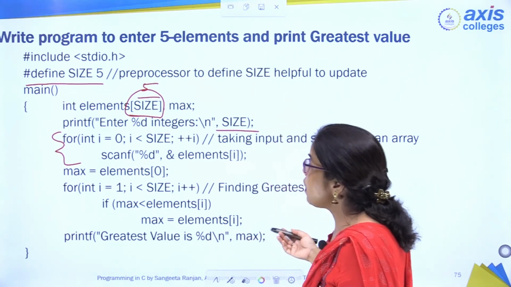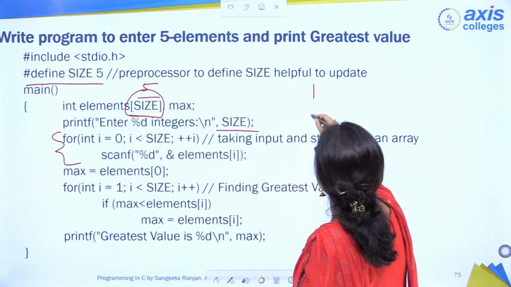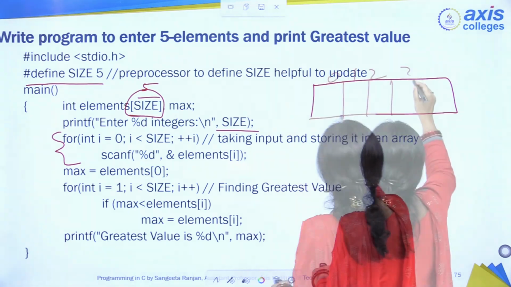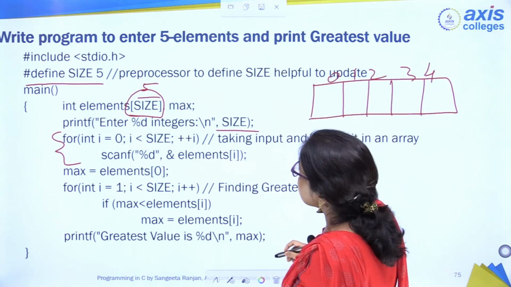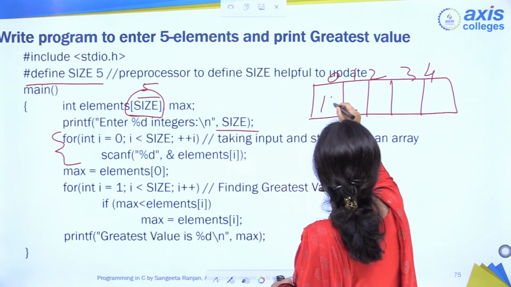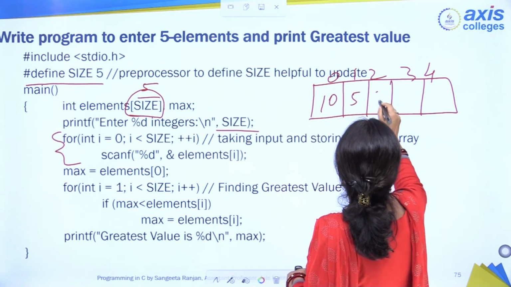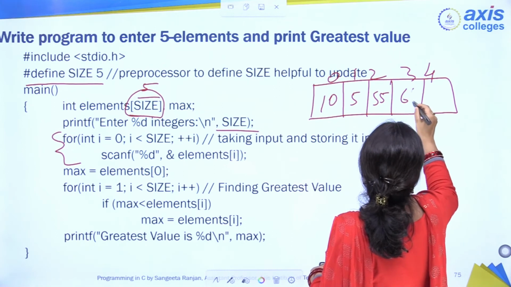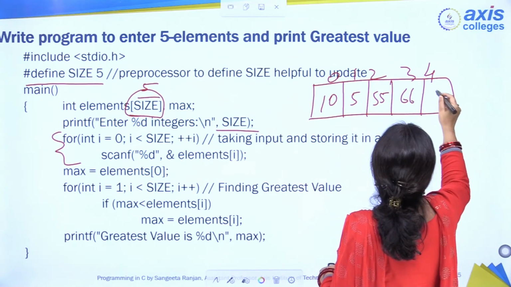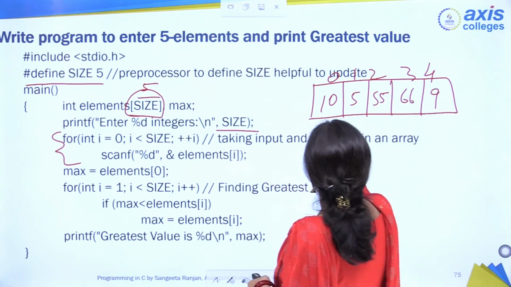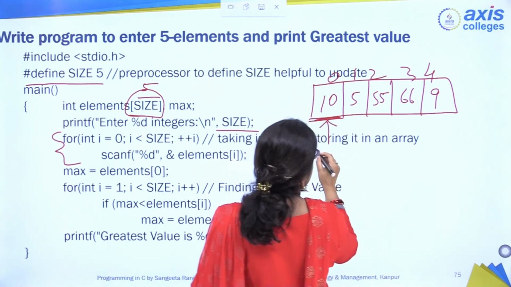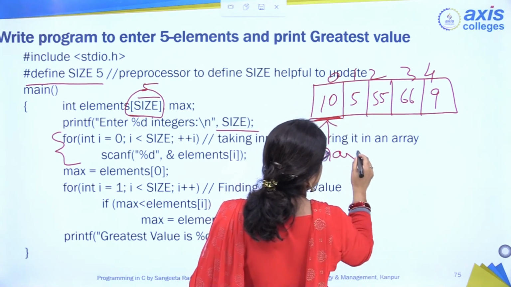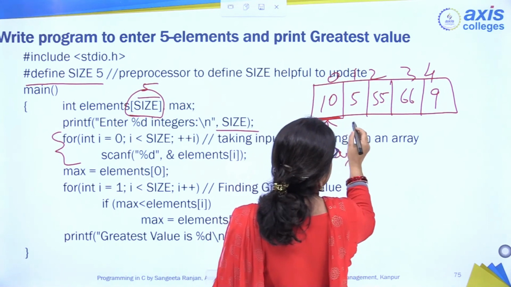The logic behind this program is, if the array is given here, the values might be 10, 5, 55, 66 and 9. Then we first take the 0th element as max, and we compare each element with the max.